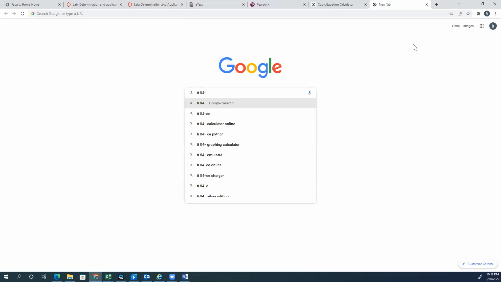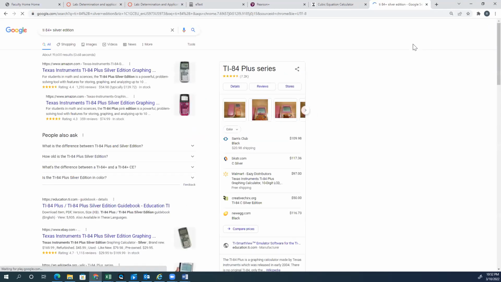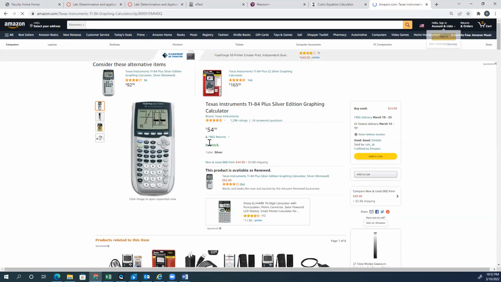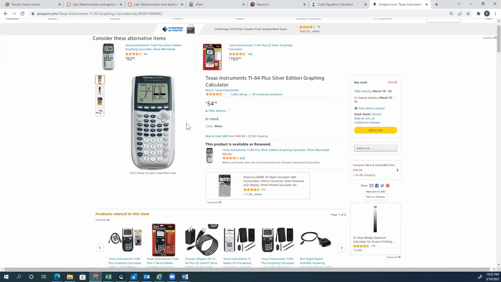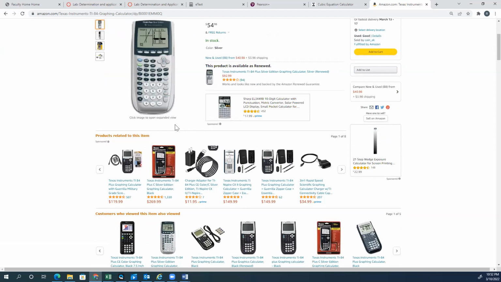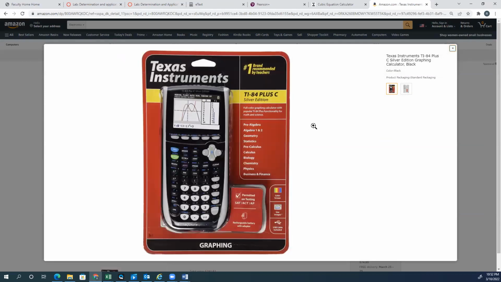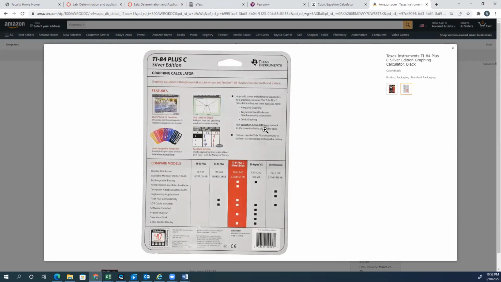Possibly. Silver edition. See the specs on this. Yeah.